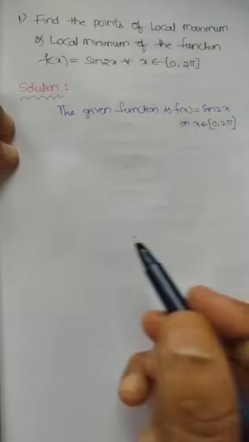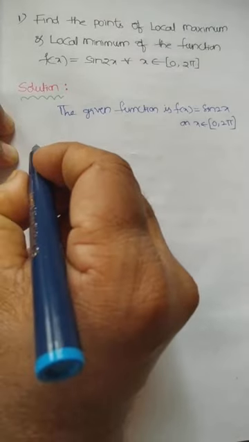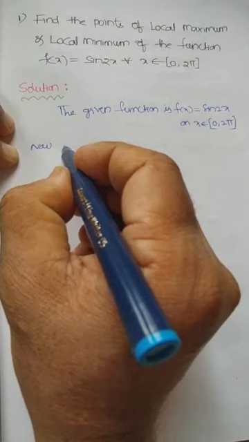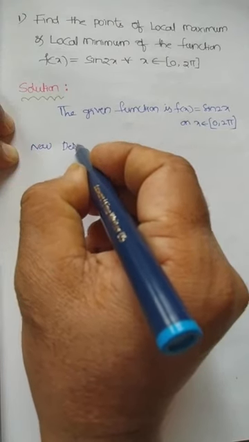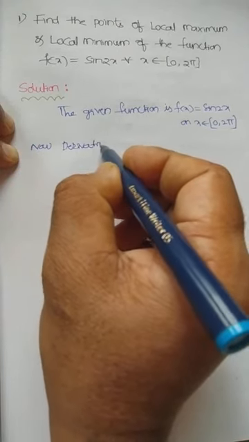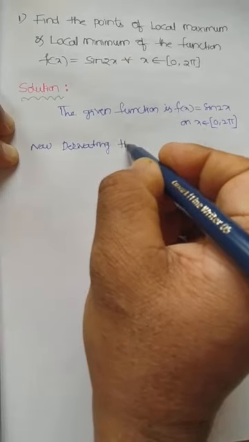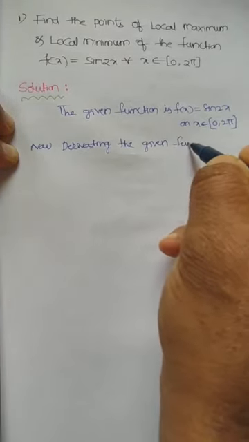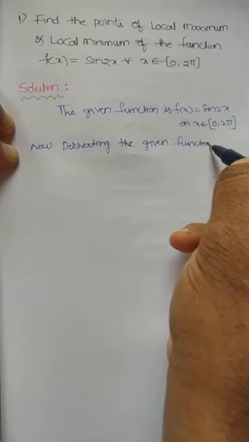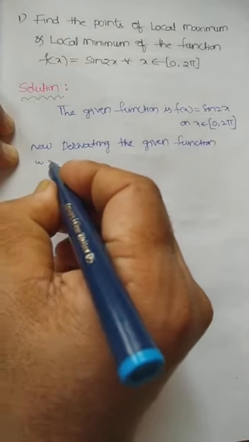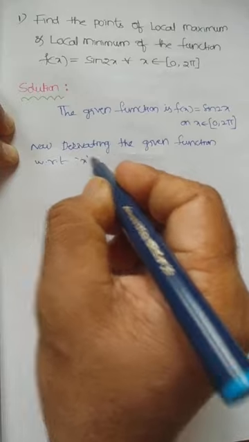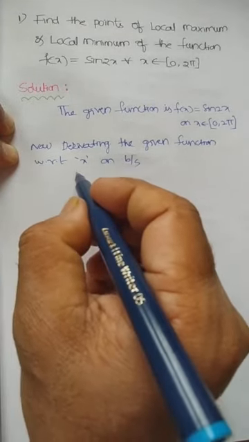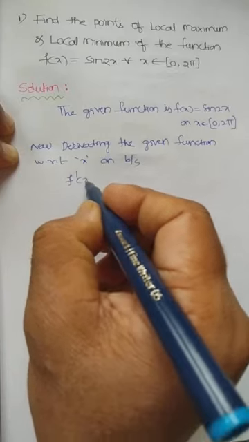Now, differentiating the given function with respect to x on both sides, I would get f dash of x.